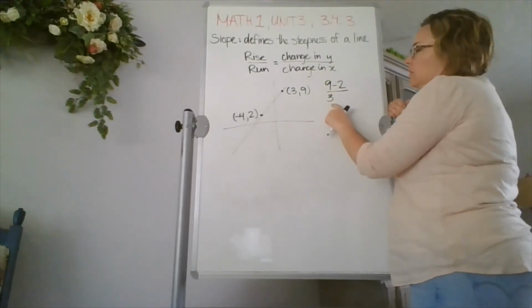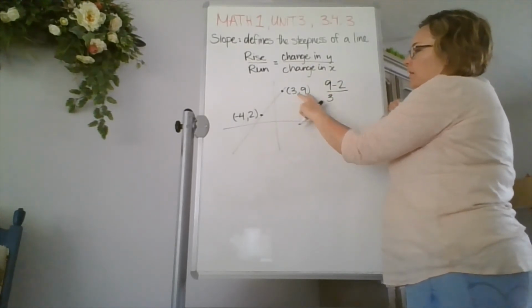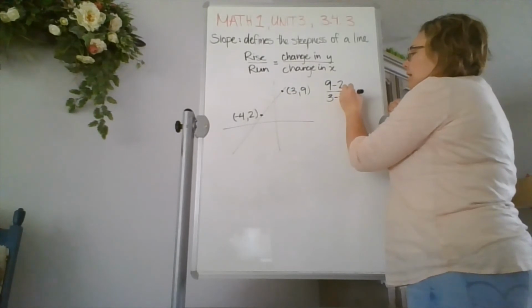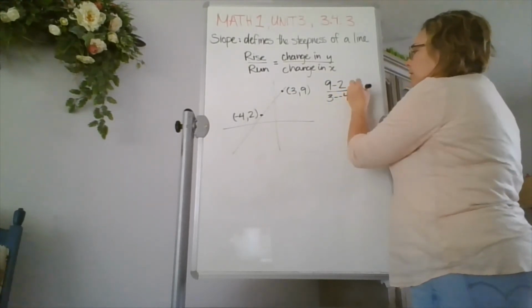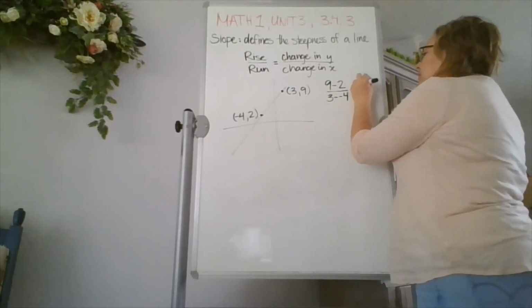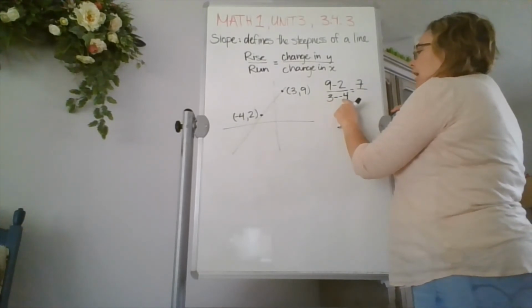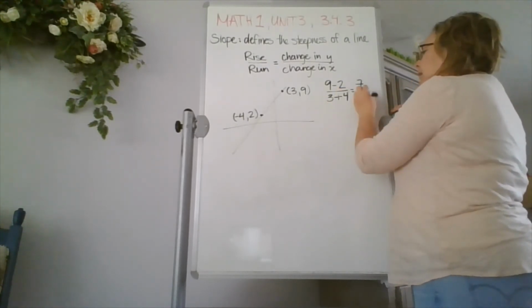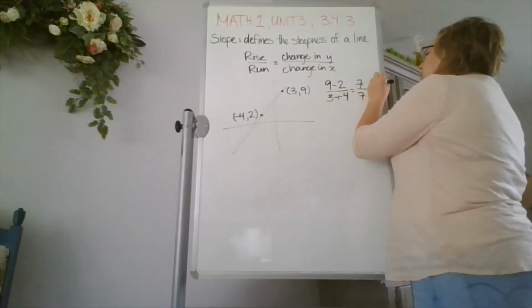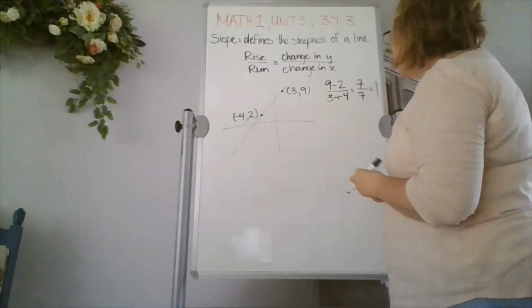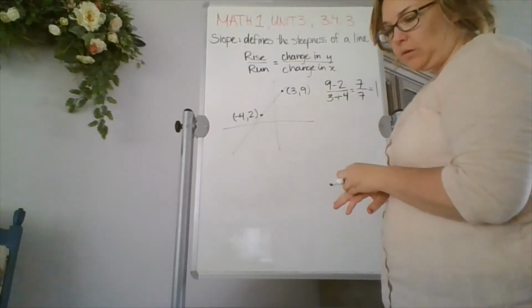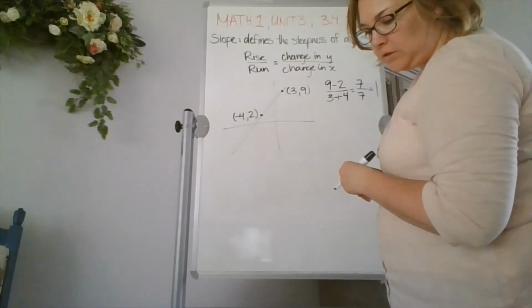So the 9 and 3 are a pair, and 2 and -4 are a pair. So 9 minus 2 is 7. 3 subtract -4 is the same as adding, so that is 7. So our slope is 1. This is also a slope of 1. Go figure.